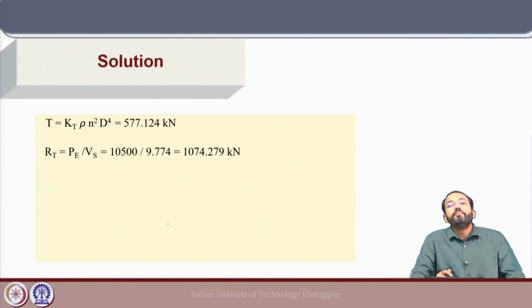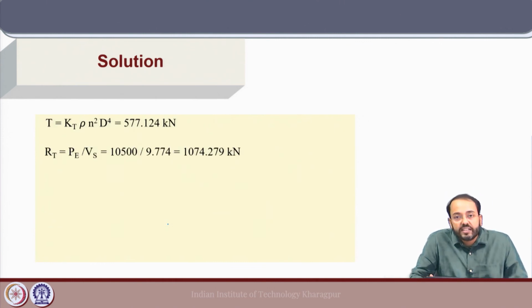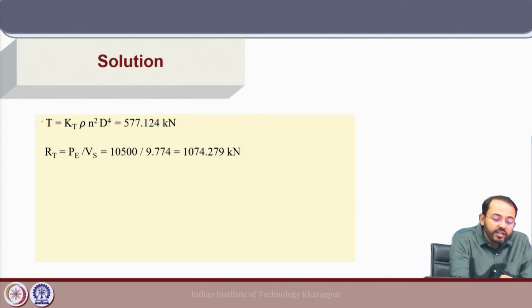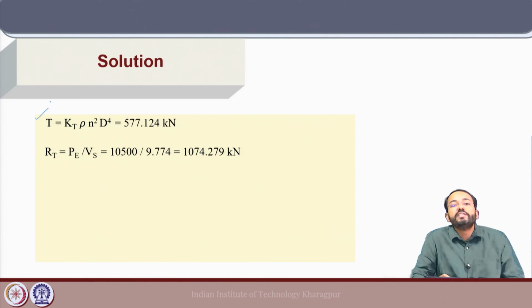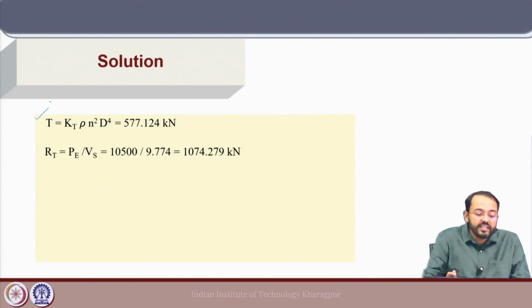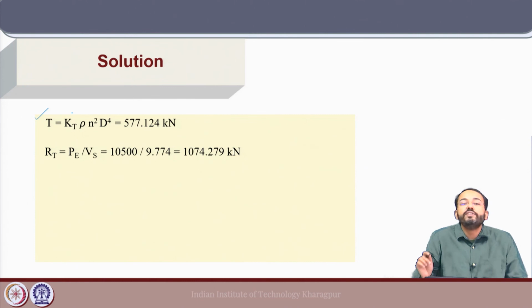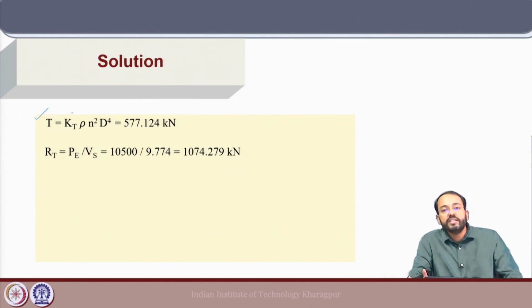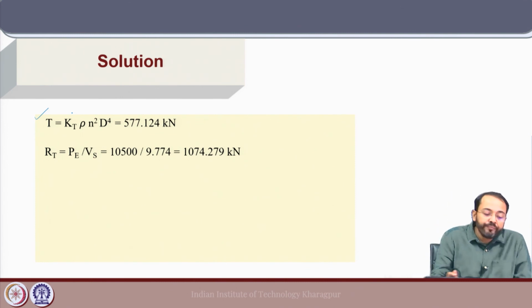The next step will be to calculate the thrust deduction fraction. For that we need to compute the thrust, which can be calculated using the value of kT, which is provided for the particular advance coefficient, and we are using the thrust identity again here.